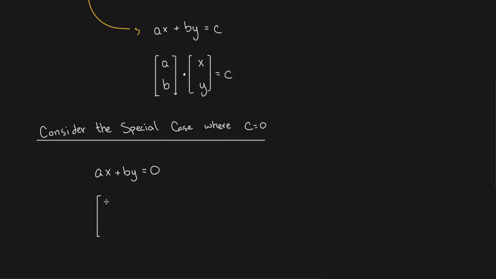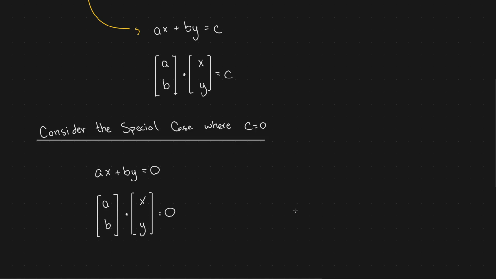And thinking about that left-hand side of the equation as a dot product, we have the coefficients a, b dotted with the vector of variables x, y equals 0.